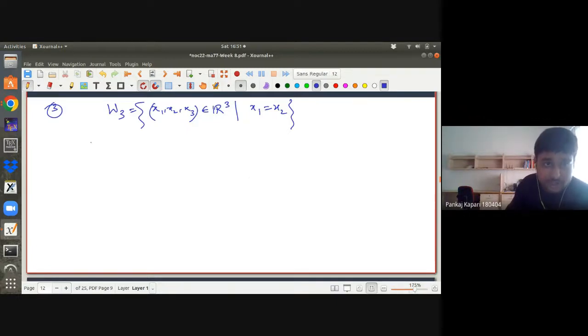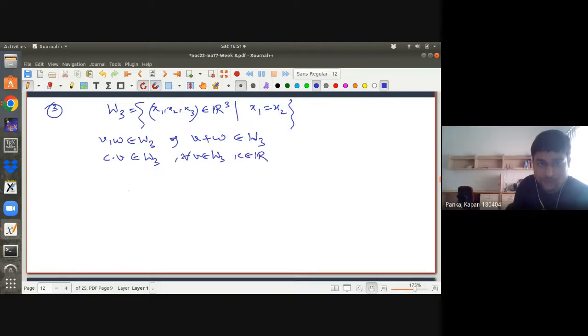Which conditions do we have to check? If we take two vectors from W3, then their sum lies in W3. And if we take a scalar times some vector, then that should also lie in W3, for every vector in W3 and every scalar in R. So let's take two vectors V comma W from W3.